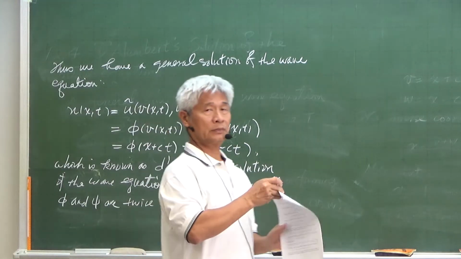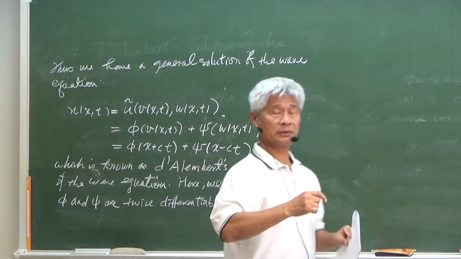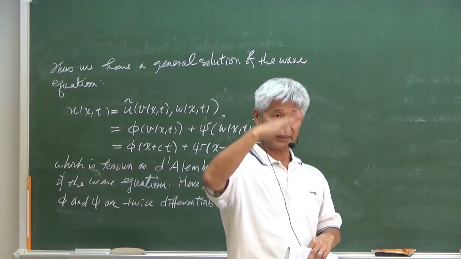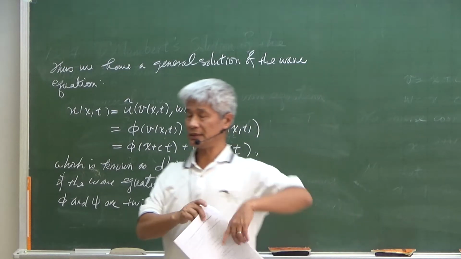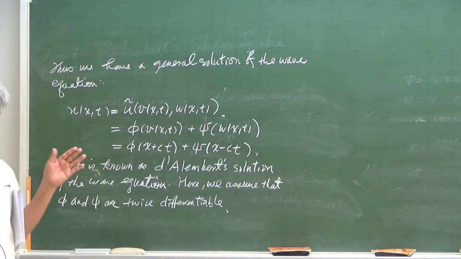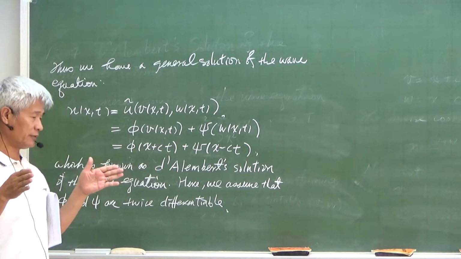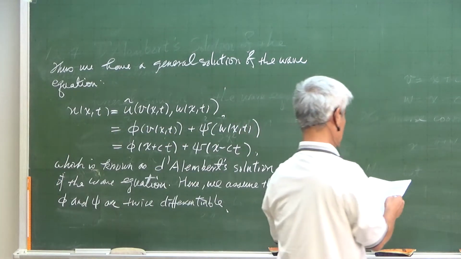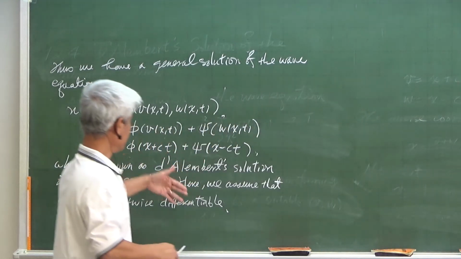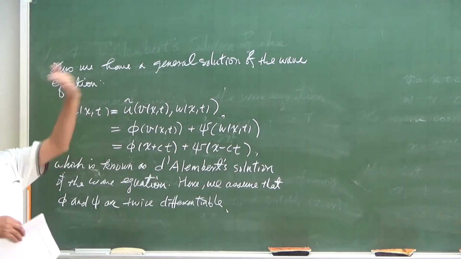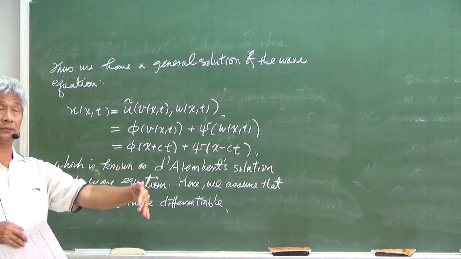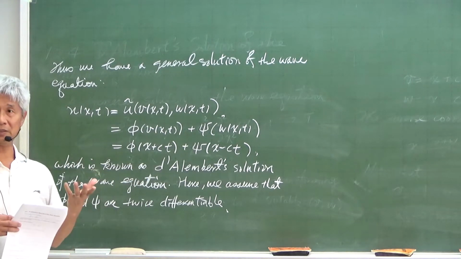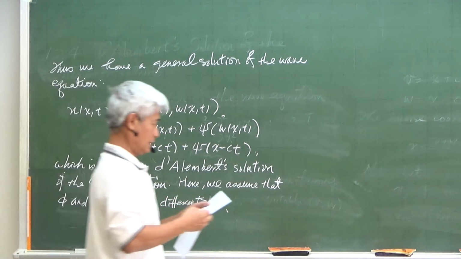But our original wave equation comes from the vibrating string, and the vibrating string has a finite length with both ends fastened. So how can we adjust our general solution to get a so-called unique solution, because we have boundary conditions here?